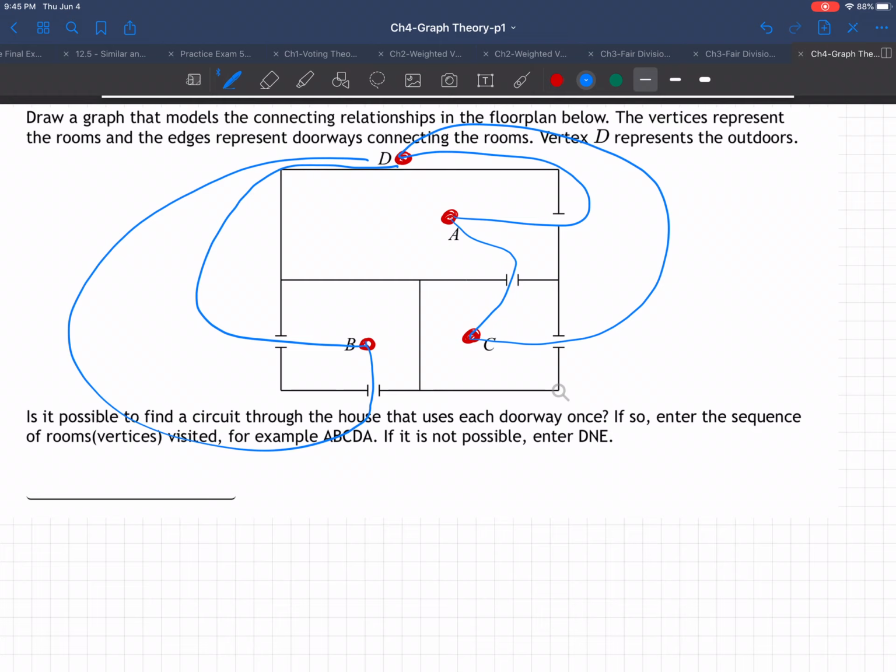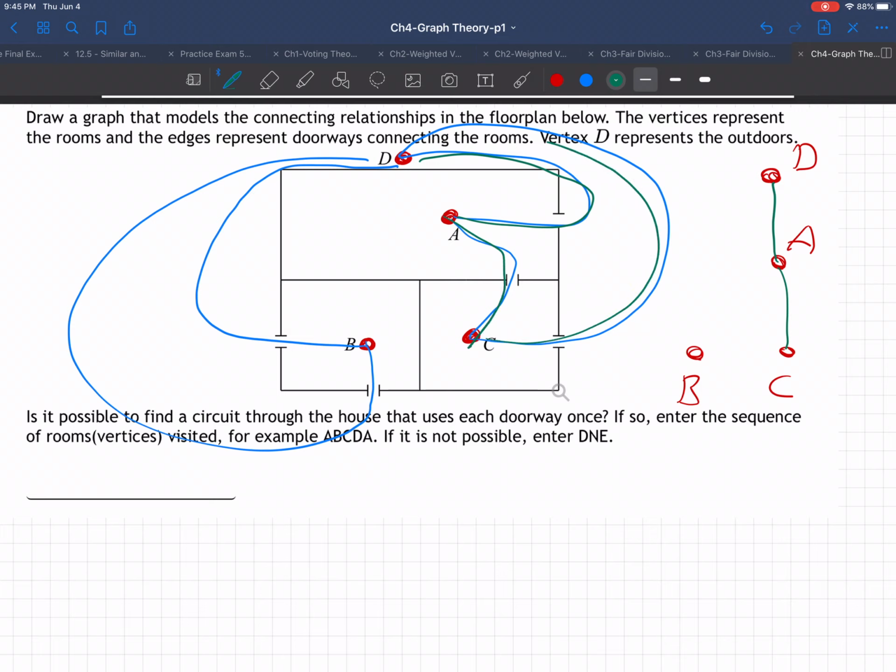Let me redraw it a little, maybe a little nicer. So here's D. Here's A. B and C. So looks like A has one line up to D. That's this line right here. And then one line down to C, that's that line right there.